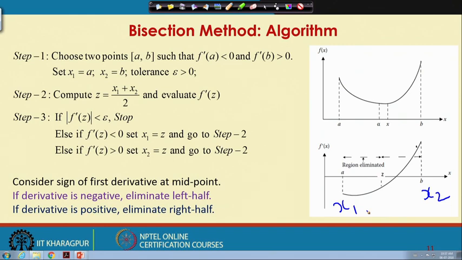So, we will eliminate the left half and we will set x 1 equal to z. So, this will be my interval in the next iteration. So, again you will take a midpoint of z b and continue as shown.